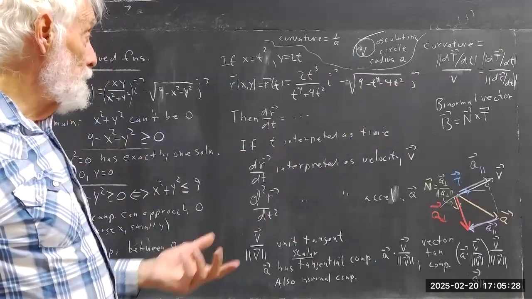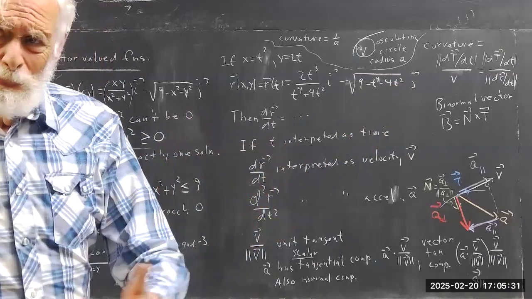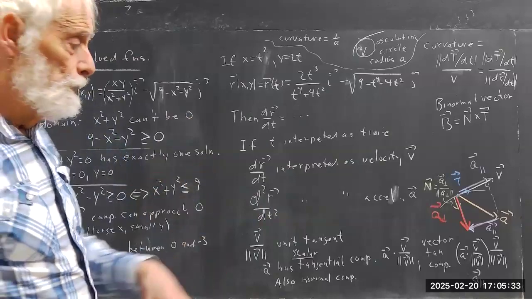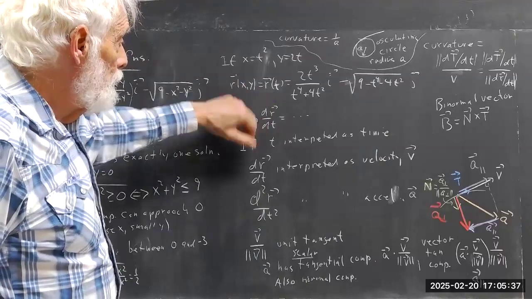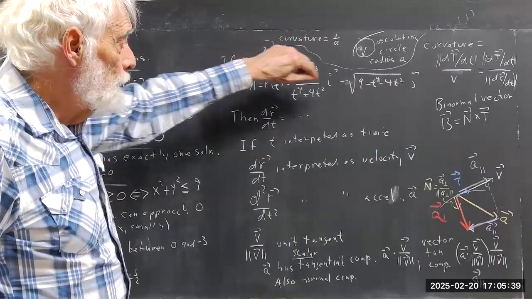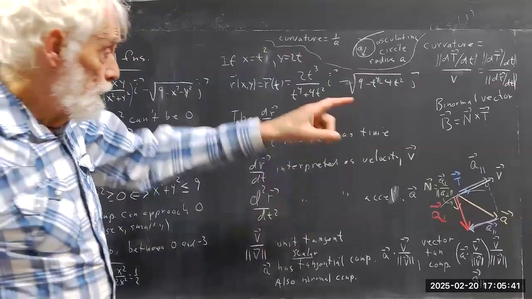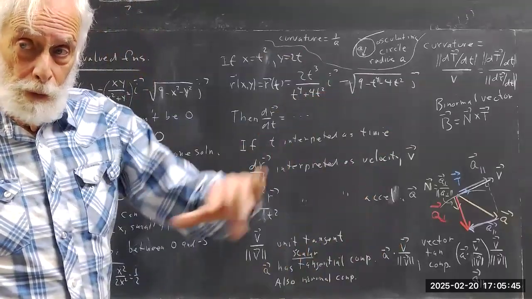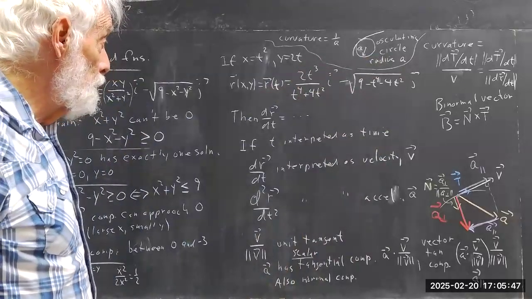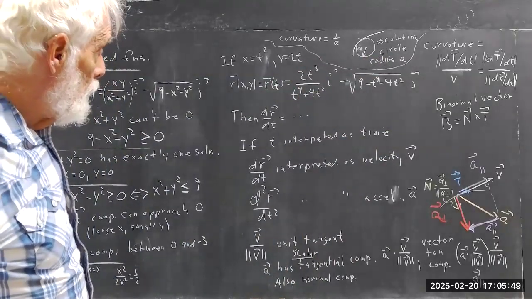I should stop and say, and we should be familiar with this by this point, that this function r of t will describe a path, in this case in two-dimensional space. If we had a k component on there, then we'd have a path in three-dimensional space.